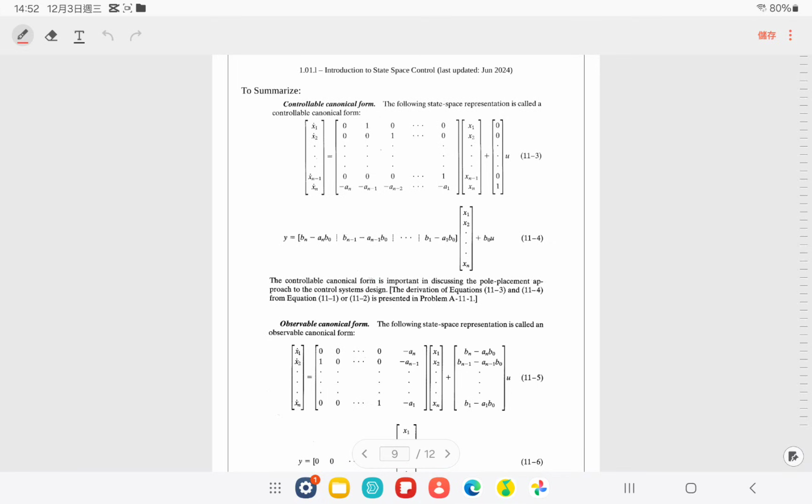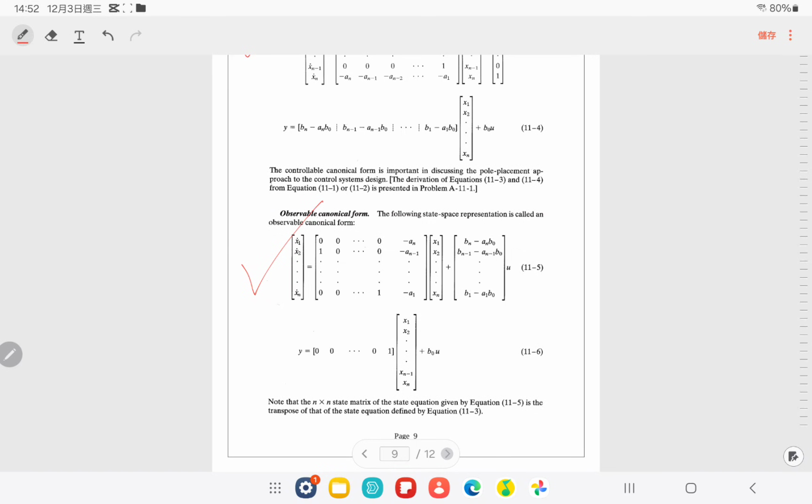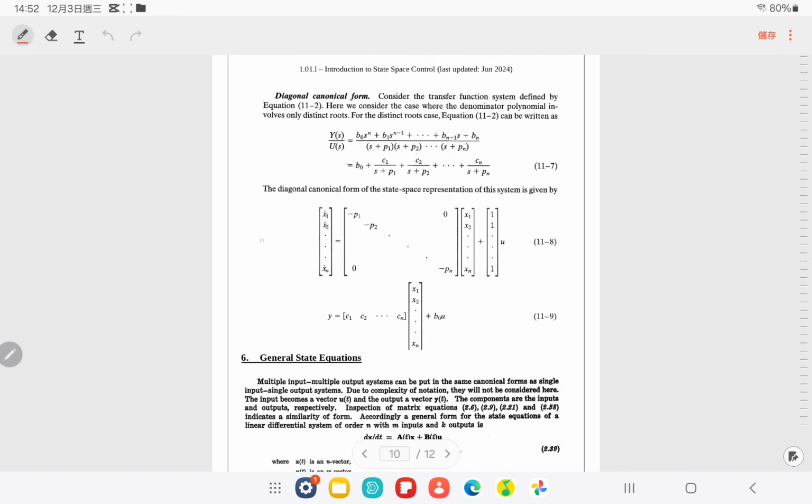So what you do is go to the very back of this part of notes. They are all here: controllable, observable, and diagonal or Jordan canonical form. I will give you a traditional transfer function.